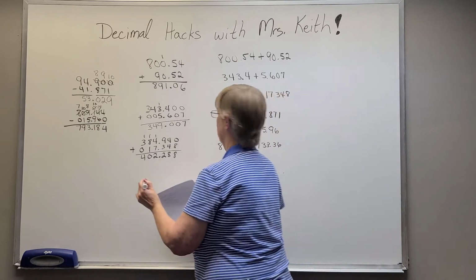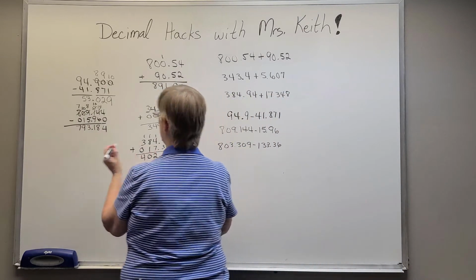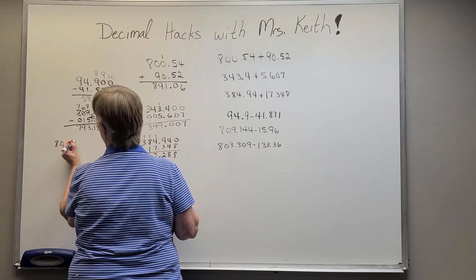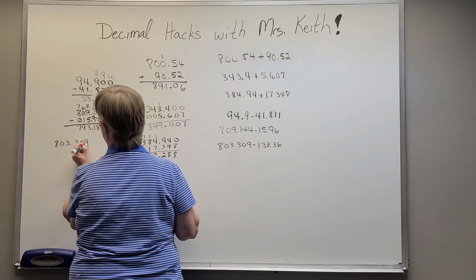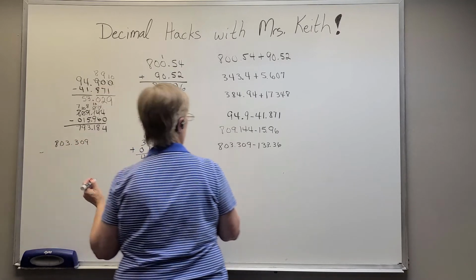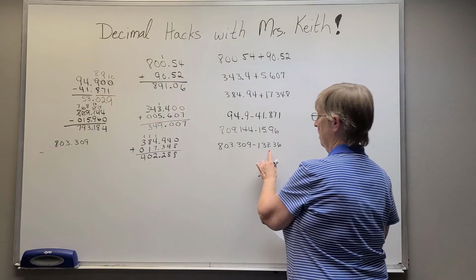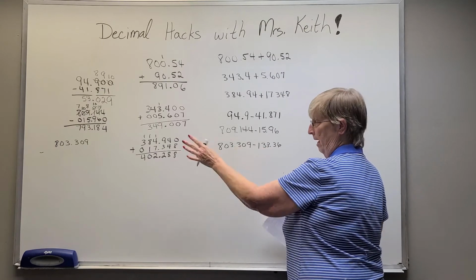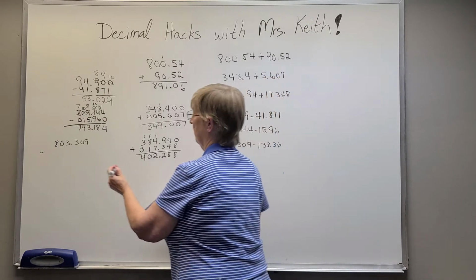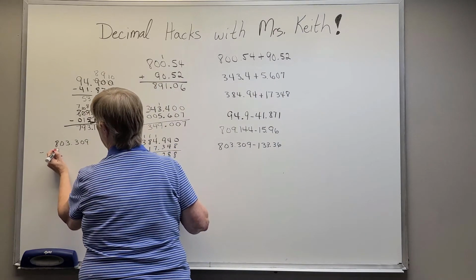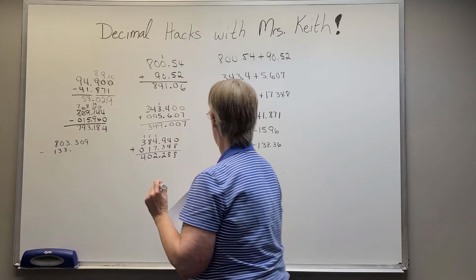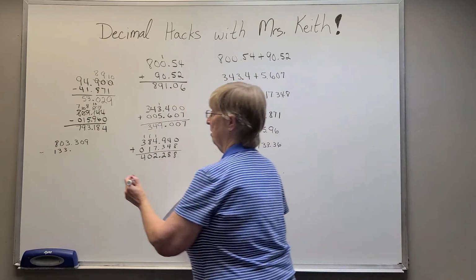All right, so first one first, 803.309 minus, okay, same number of digits to the left of the decimal, so I line up with the left-hand side. 133. Now see, that lines up my decimal in the right place. 0.36.